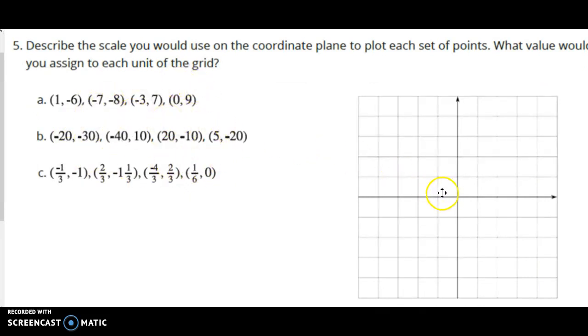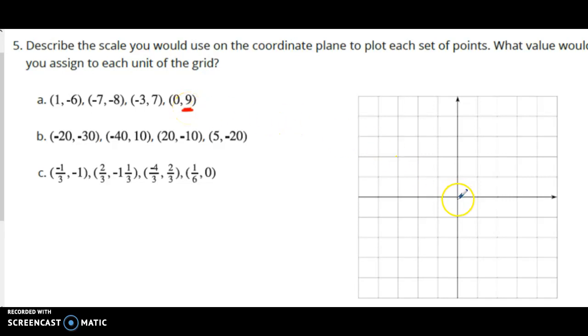We're just going to think to ourselves, what would my scale be if I'm going to plot these points? So let's just look at this first example. I like to look at the biggest number and ask myself, what does my scale need to be to get to that number? So for A, the biggest number is 9.